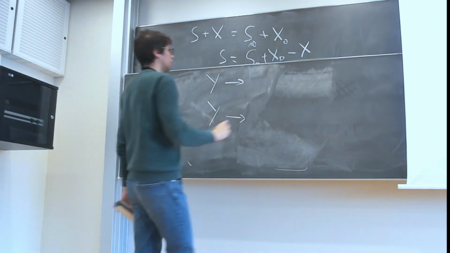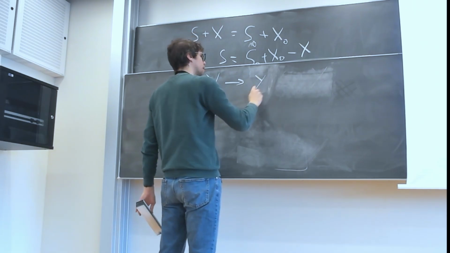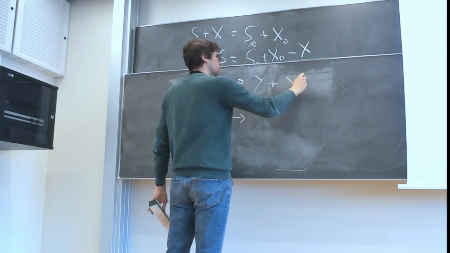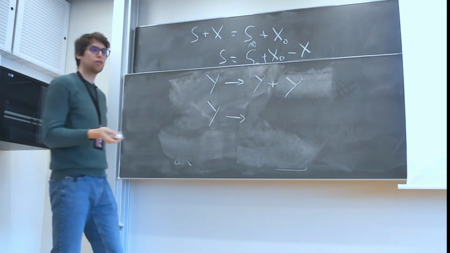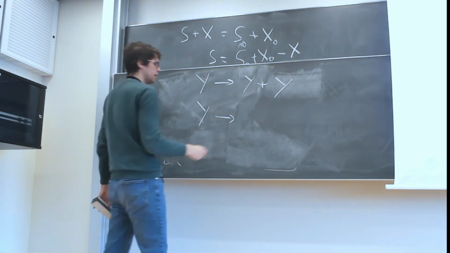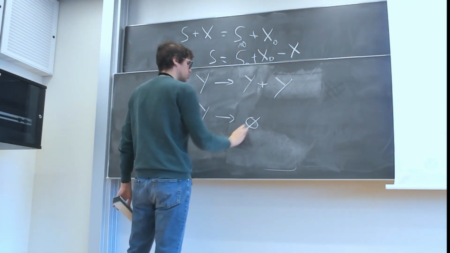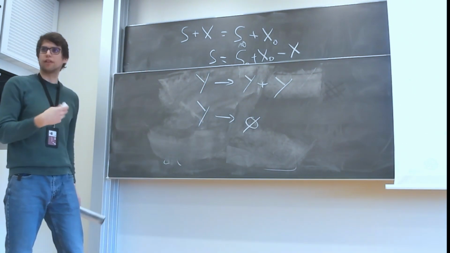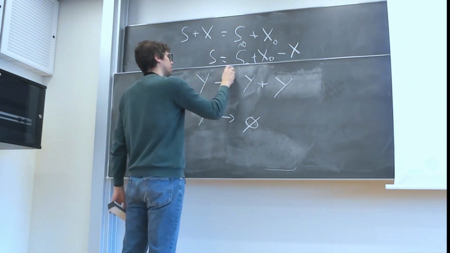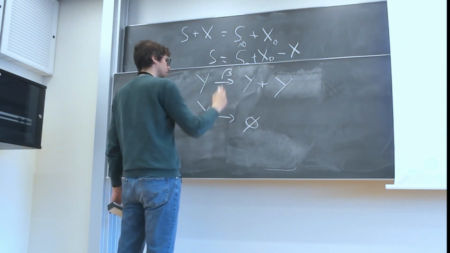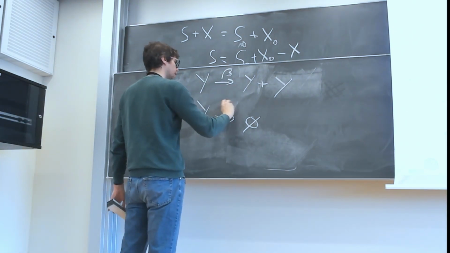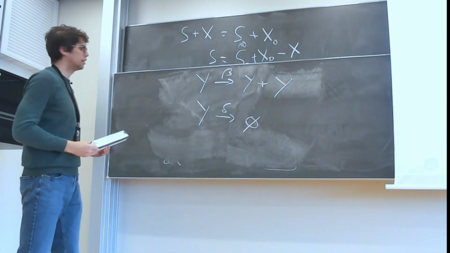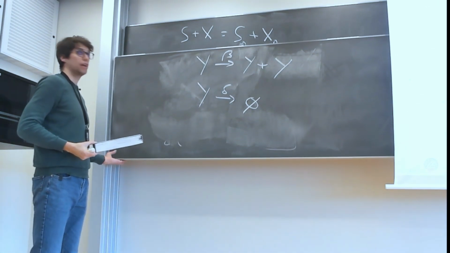A duplication reaction, staying simple without any resources, so Y gives 2Y, and Y goes to nothing, a death reaction. A birth and a death reaction. Let's give the rate constant beta for birth, and the rate constant delta for death.